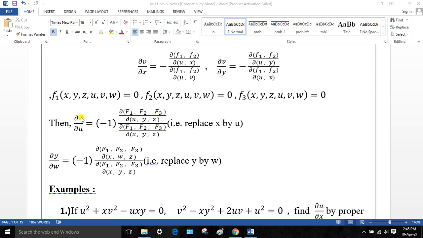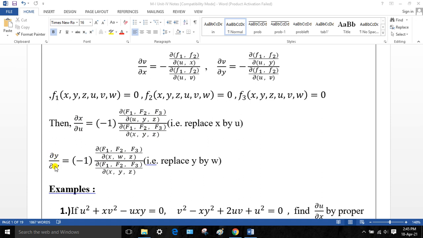So what is the numerator here? The numerator is x. X from the pair x, y, z. So I write here del of x, y, z. Now replacement. Now replace this x by this u. Replace x by u. So देखो x की जगह मैंने यहाँ पे u लिखा है और बाकी जो remaining variables है I keep those variables as it is.